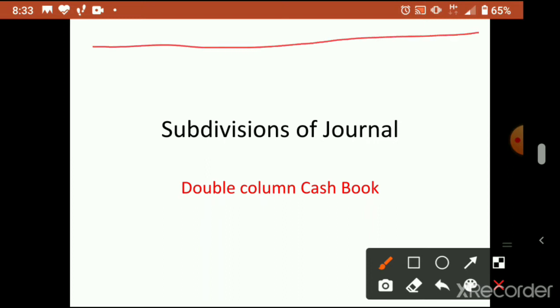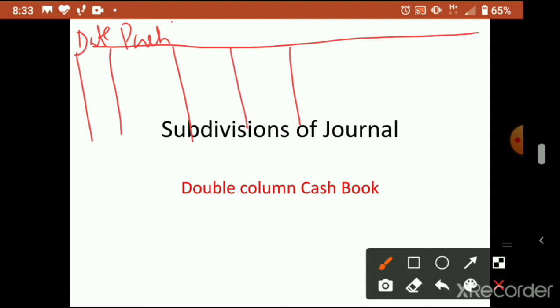Just like a single column cash book, date first we write, then particulars, then the voucher number and ledger folio, and all you can make. The amount column is classified into two, one for cash, another for bank.